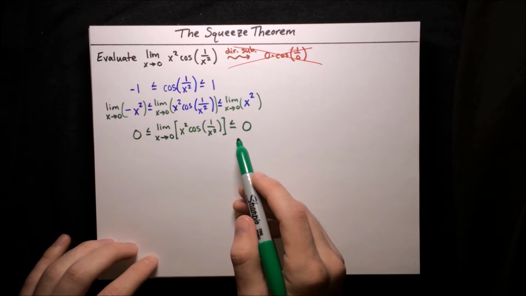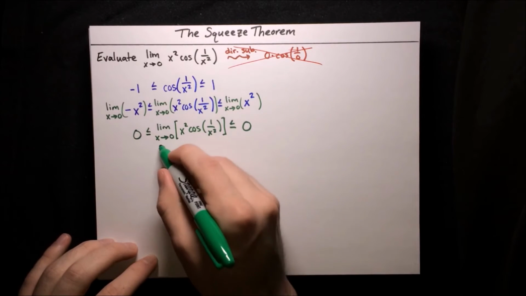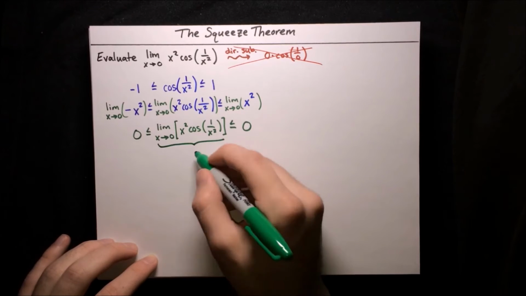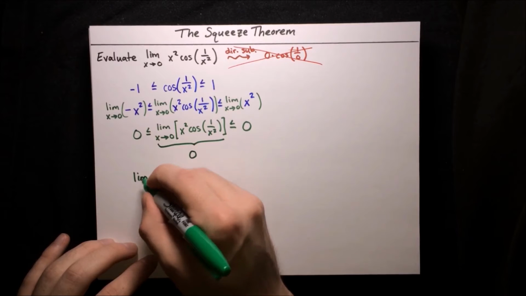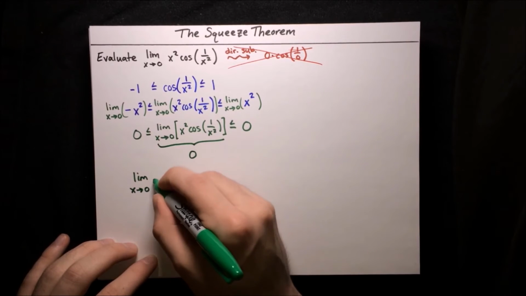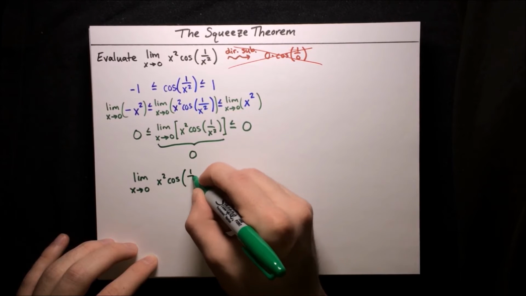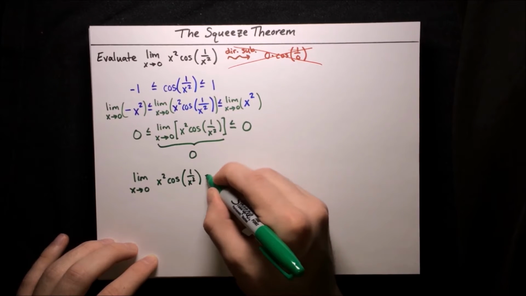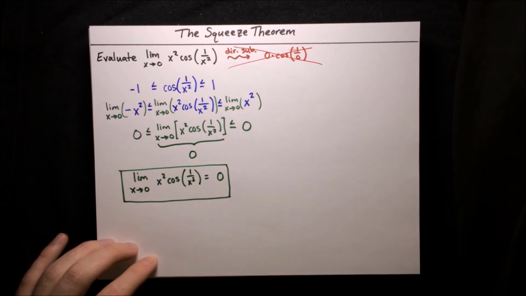And the only number that is greater than or equal to 0 and less than or equal to 0 is the number 0. So our limit here must be 0. We must have that limit as x approaches 0 of x squared times cosine 1 over x squared equals 0. That's our big finding here.